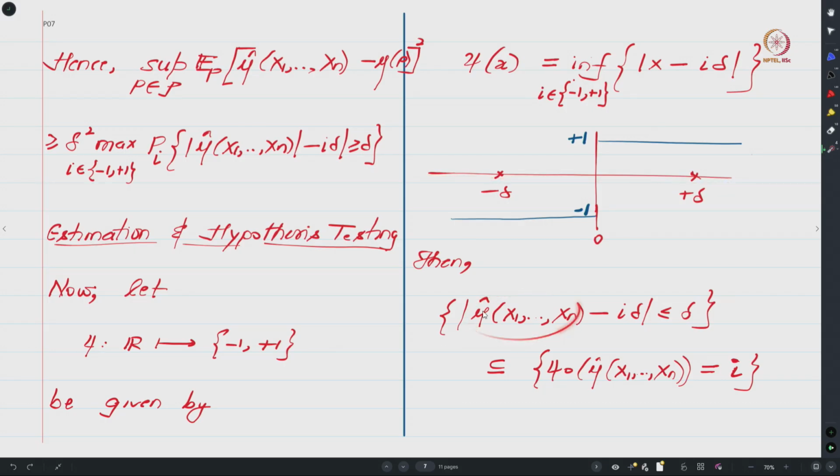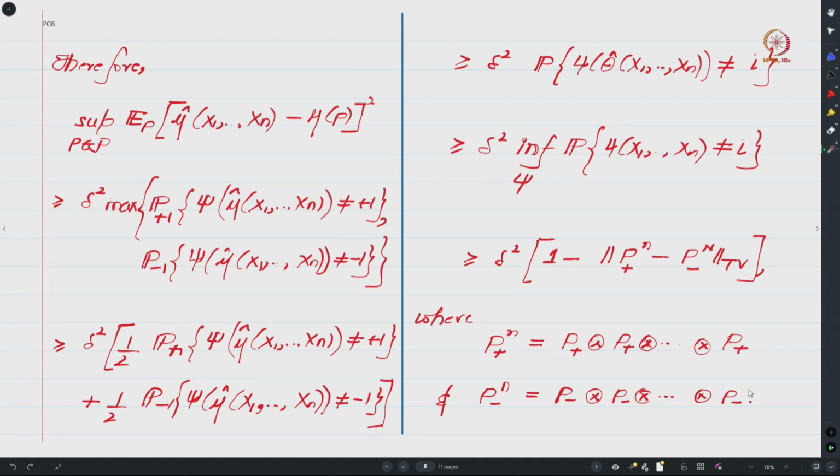So whenever this distance to I delta is less than or equal to delta, one can conclude that if you apply psi on this expression, that will be exactly I. For example, if your mu hat sits somewhere over here, then if you apply psi on this, indeed the answer will be I, because when you are sitting here, we have already shown that the value of psi of x is plus 1, and when you are sitting over here the value is minus 1. So one can see that whenever you have such an event, when you apply psi on that, it will give us I. Is this okay?